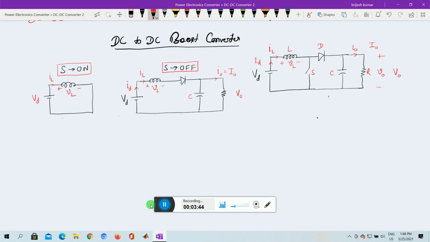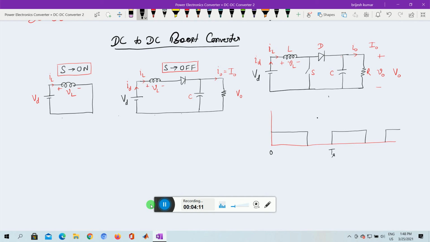Now let us take the volt-second relationship of the inductor, because the switch is on for a certain time and off for a certain time. The pulses are periodic, from 0 to Ts.